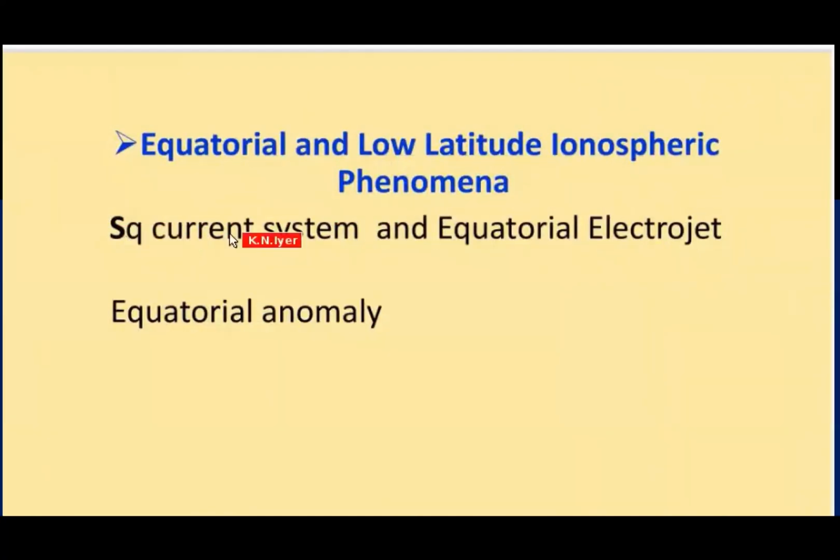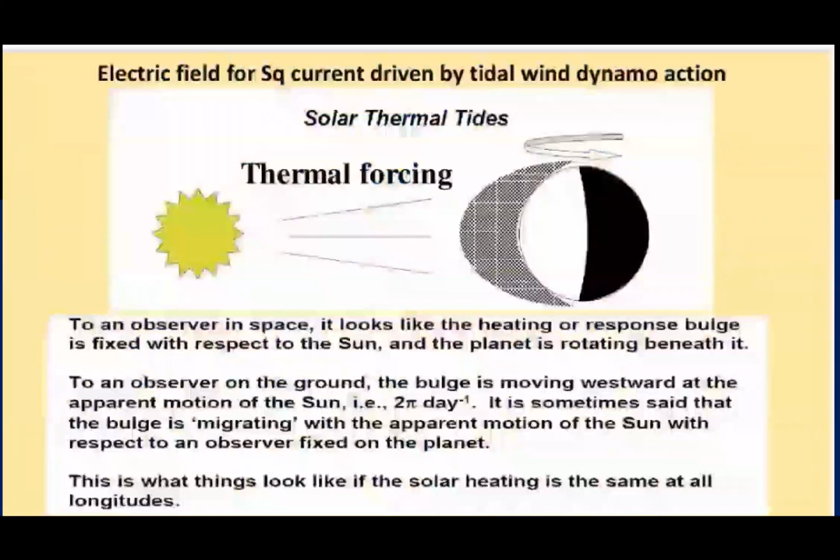When the sun is quiet, because of the radiations coming from the sun, some current system is established, and another manifestation of that in the equatorial region is called equatorial electrojet. And also the phenomenon equatorial anomaly; we just mentioned equatorial anomaly crest. So what is that? We will see that.